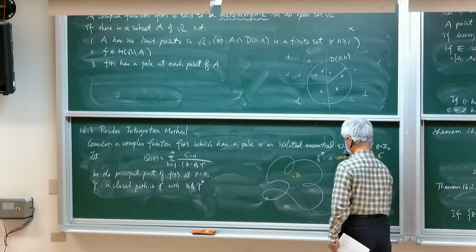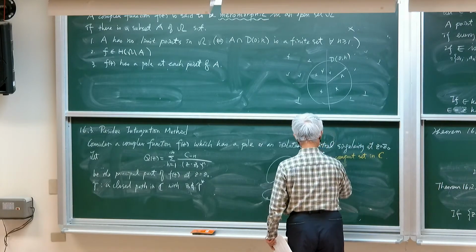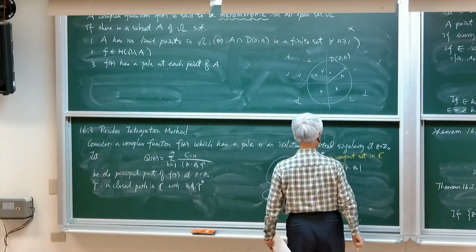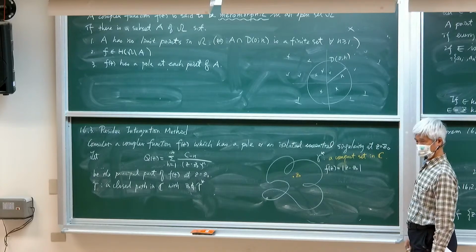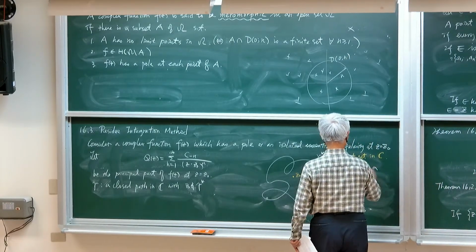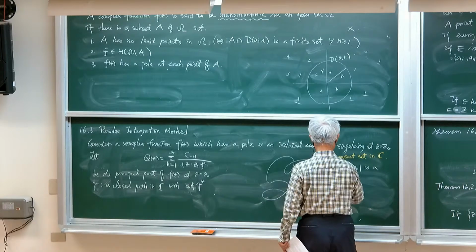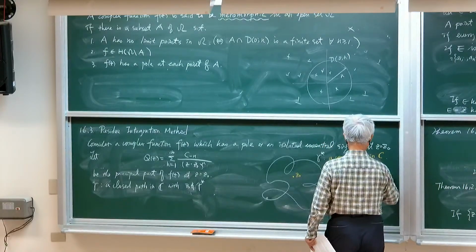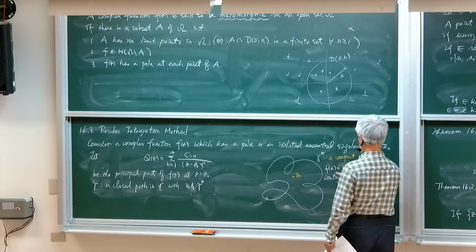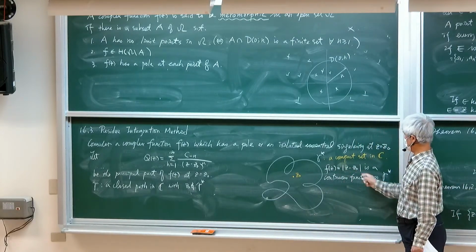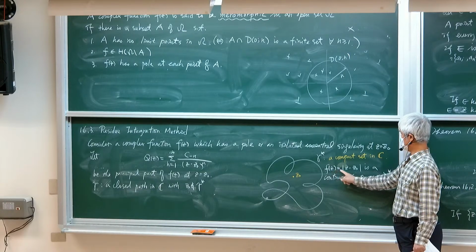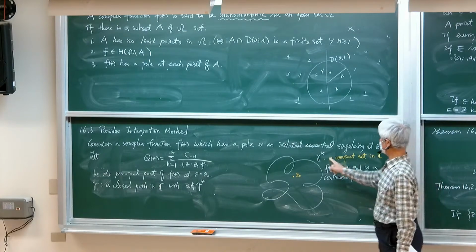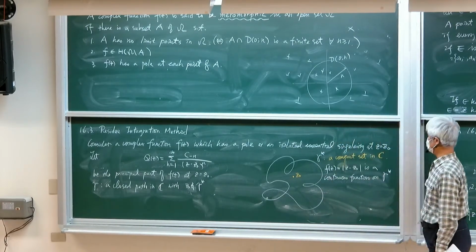So if we define f of z to be z minus z0, this is a continuous function on gamma star. The distance function is actually a continuous function on gamma star.